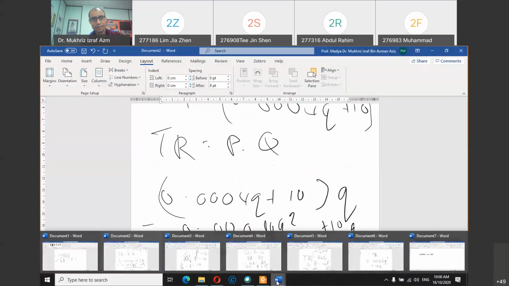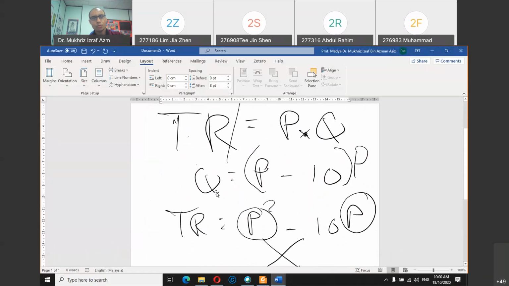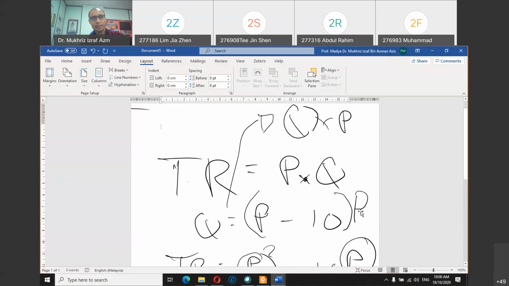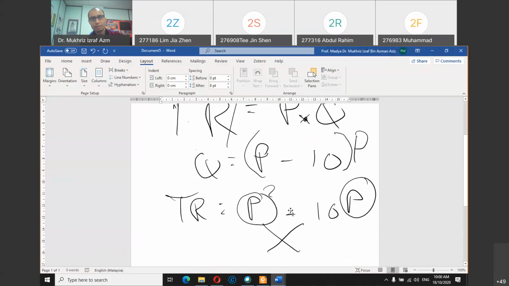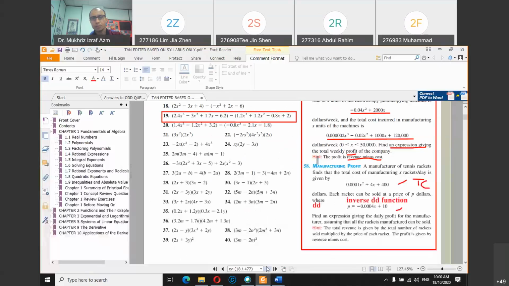If you multiply by price like this, this is wrong. If you have Q in terms of P and multiply by P, you get your answer in terms of P squared, which is not the way to calculate total revenue. So I hope you learned a valuable lesson today, especially on this inverse demand function.